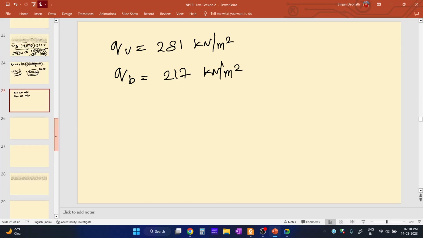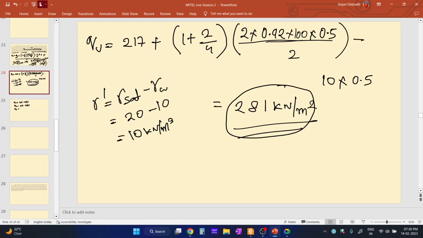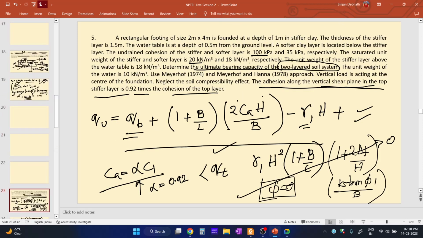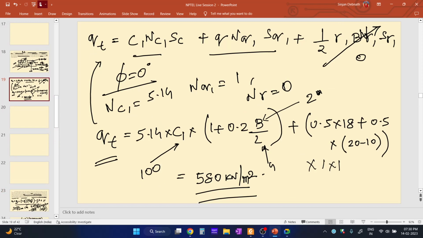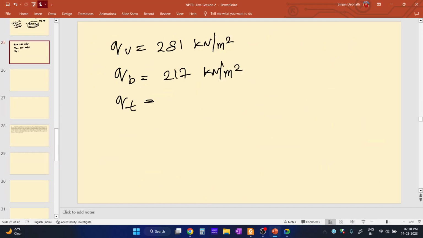And what is the value of qt? The value of qt is 580 kilonewton per meter square. So you see it is satisfied over here. The qu is less than qt.